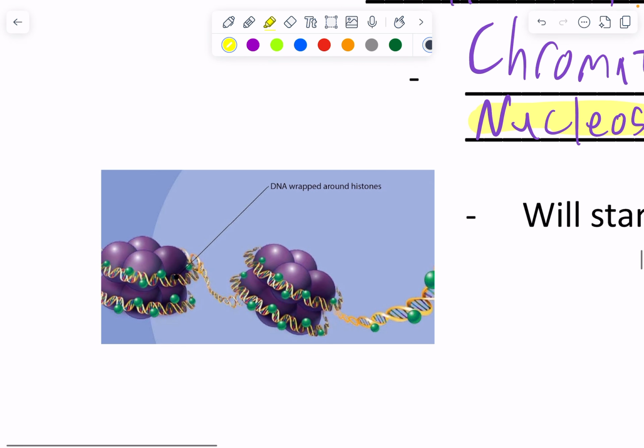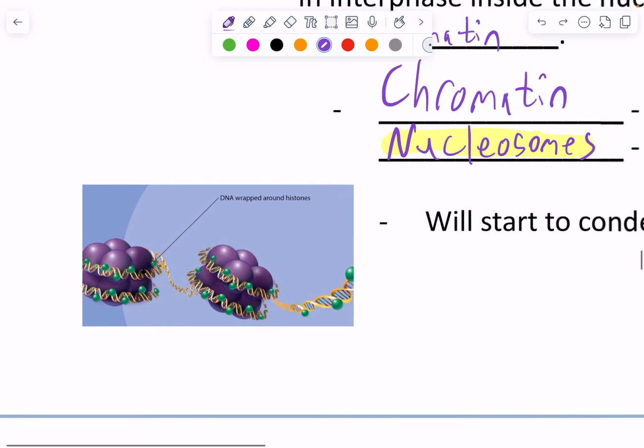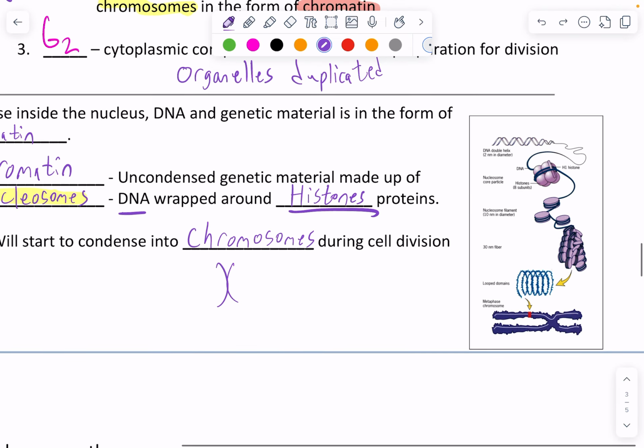The histones are these purple spheres here, and the DNA is kind of like a wire. The histones are there so the DNA is more organized, and so it takes up less space. You think about a phone line that has those squiggly lines, right? That's so it can coil up and take up less space. And so this will make up a nucleosome.